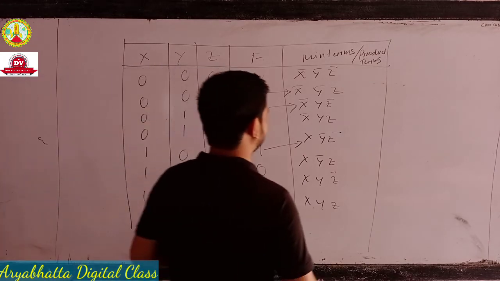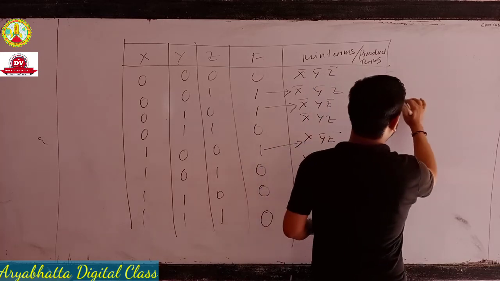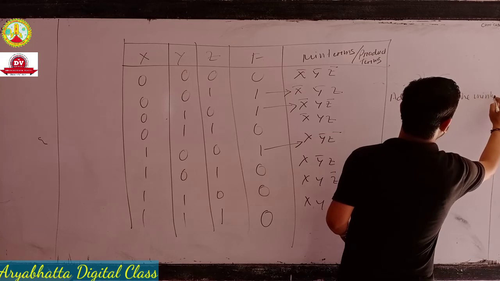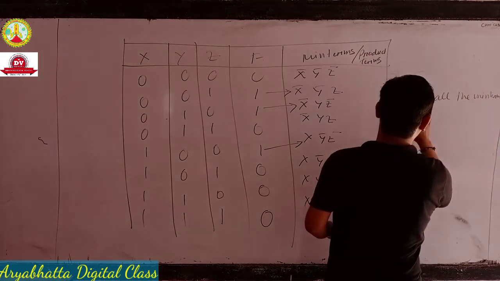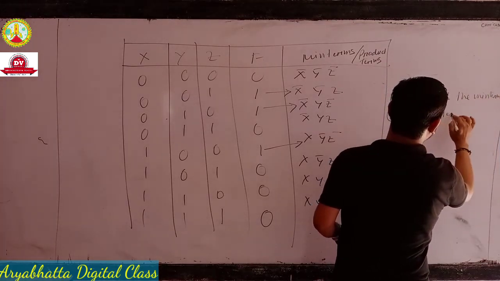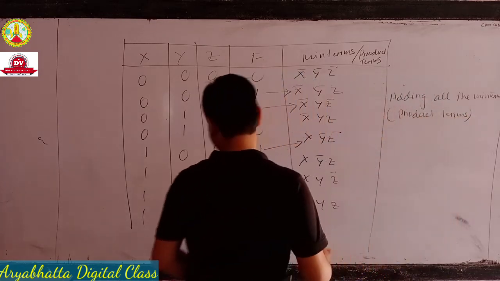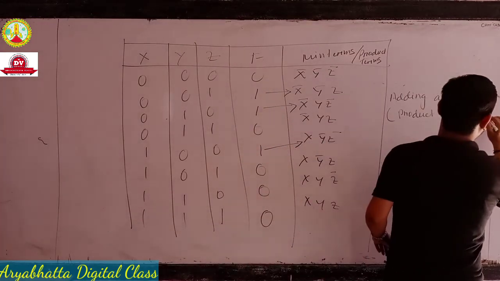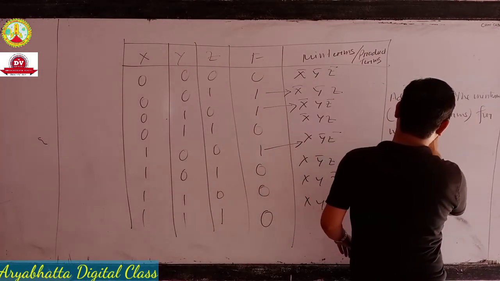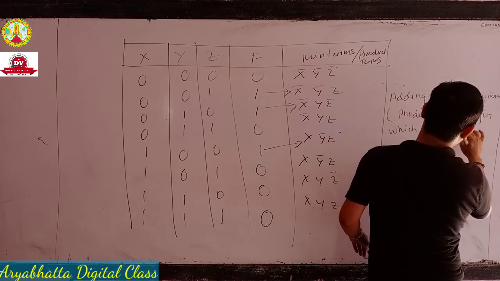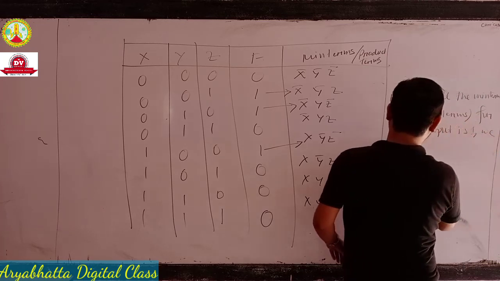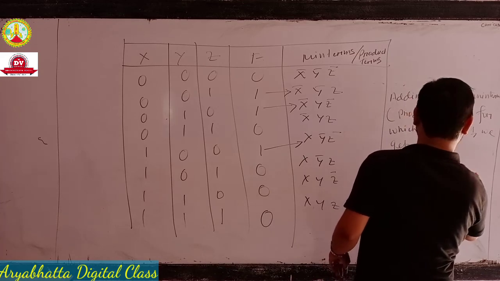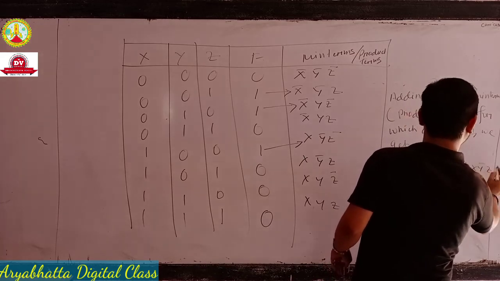Adding all the min terms, or product terms, same thing, the product terms for which the output is 1, we get: x bar, y bar, z plus x bar, y, z bar plus x, y bar, z bar.